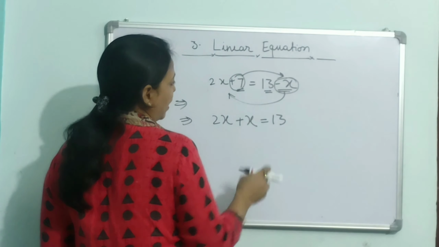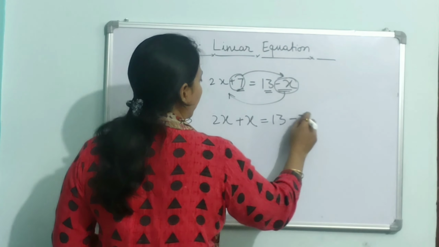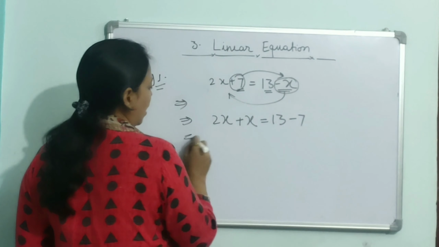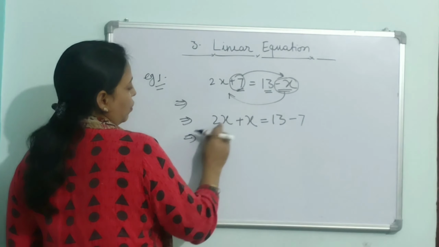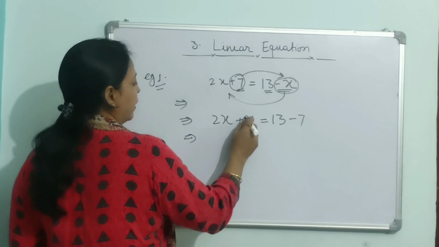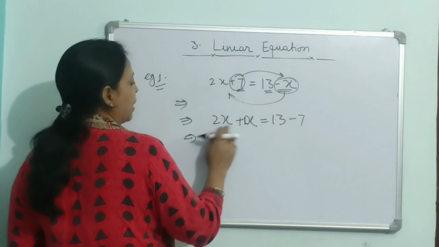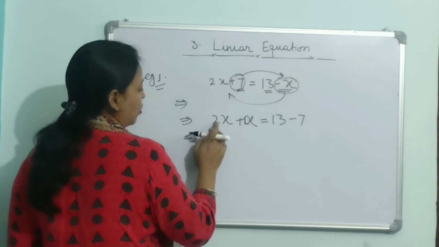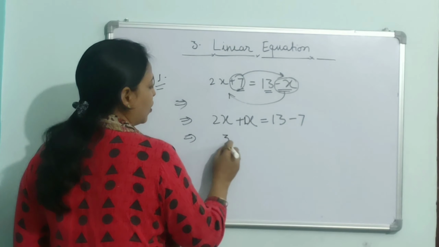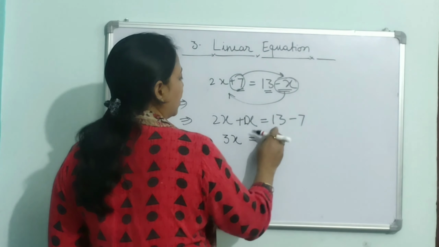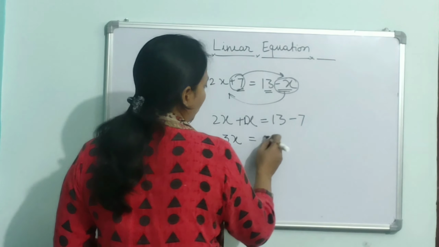I am shifting this side, plus 7 will be minus 7. So this is now 2 plus 1. 2 plus 1 we will add here. In this we are adding the numbers, and x we are copying as it is. So 2 plus 1 will be 3x. And now 13 minus 7 is equal to 6.